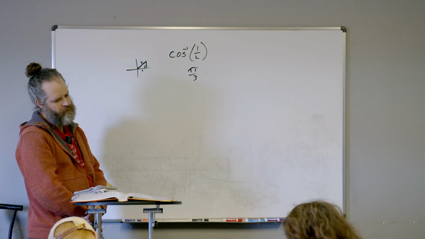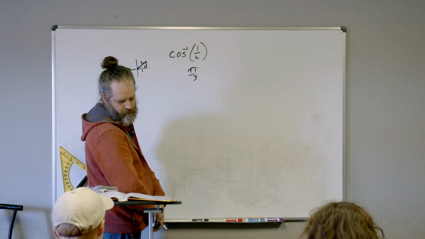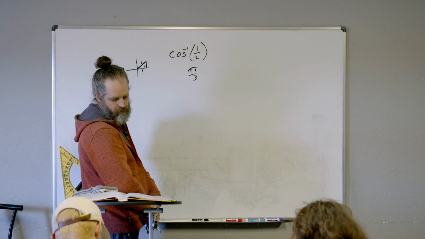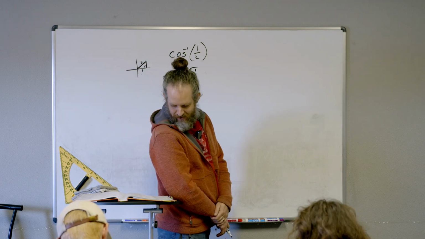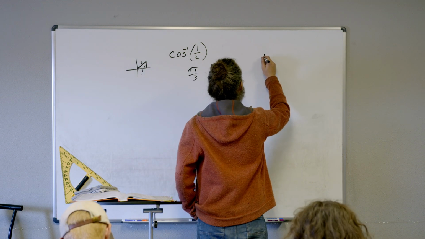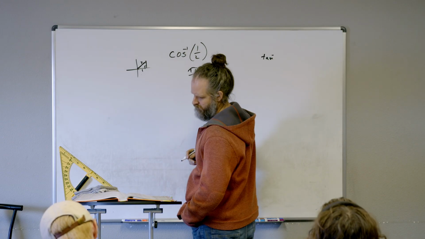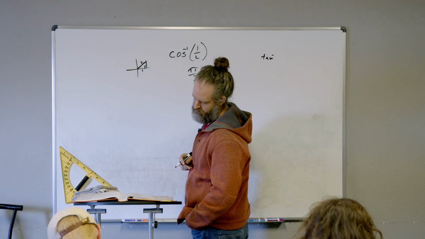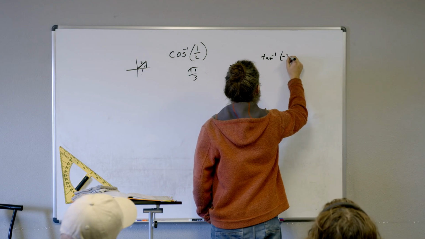12 I did have issues with as well, because tangent. I think I understand, but I'm 10 million times slower than you are. Okay, so the inverse tangent of negative square root of 3.